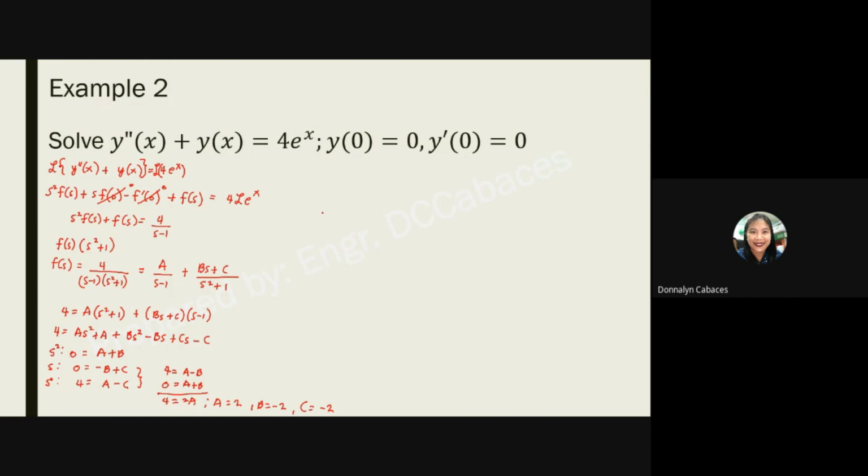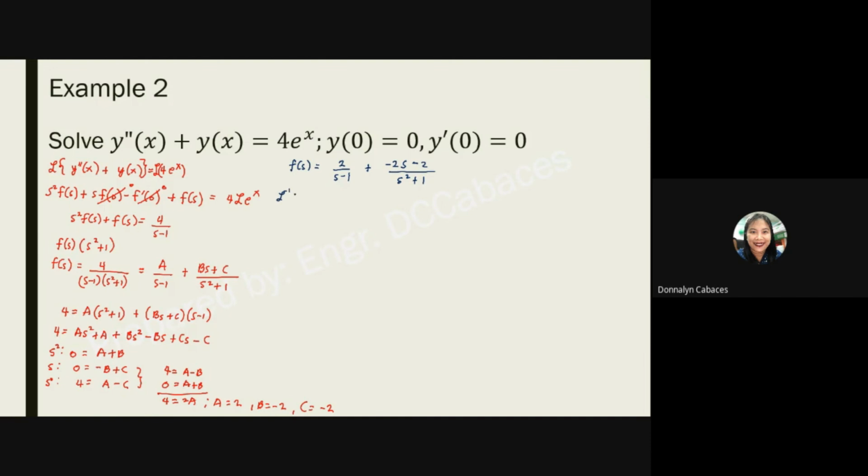So therefore, our function F of s now is equal to A, this is 2, over s minus 1, plus Bs plus C, so negative 2 and negative 2. So plus negative 2s minus 2 over s squared plus 1. And now we find the inverse Laplace.